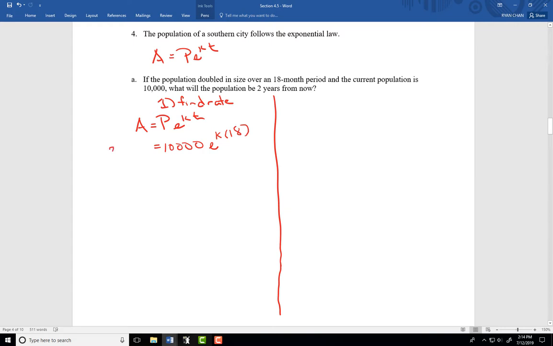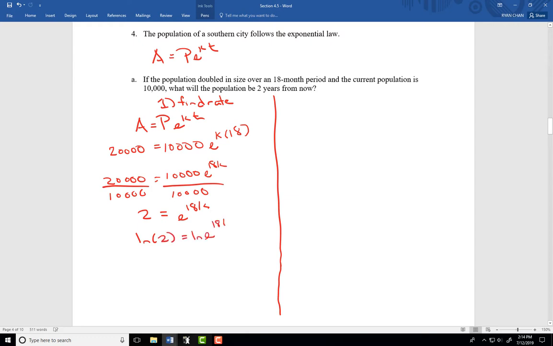And then I'll also put 20,000, because if it starts with 10,000, it will double to 20,000. So I'm going to divide both sides by 10,000. And then you'll take the natural log of both sides, and divide both sides by 18.